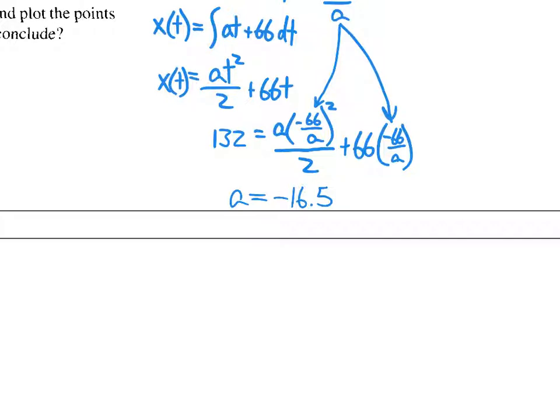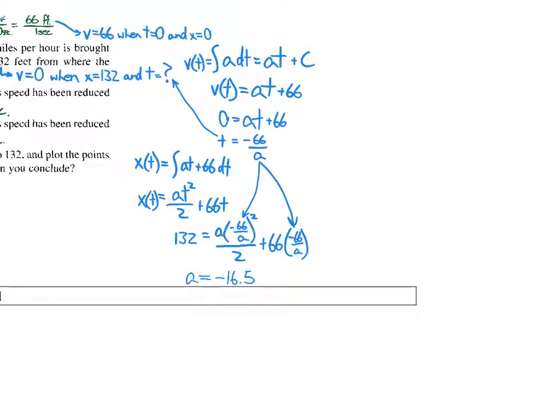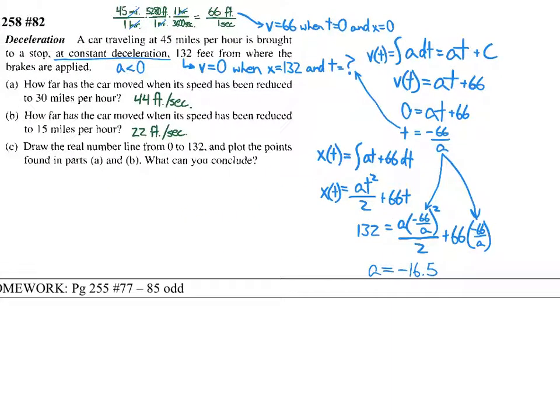Now that we know that, we can write the actual function for our velocity. Since A is negative 16.5, my velocity v of t is negative 16.5t plus 66.